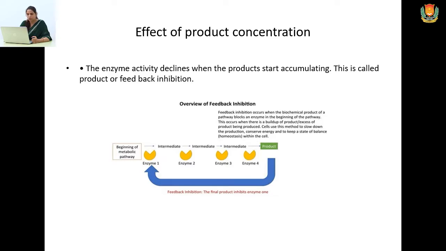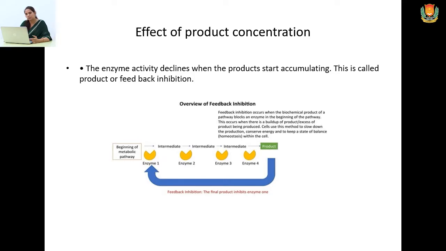If a lot of product is accumulated in your system, this product will inhibit the first reaction of the pathway, or the first enzyme. There are multiple steps in between the substrate and the products.